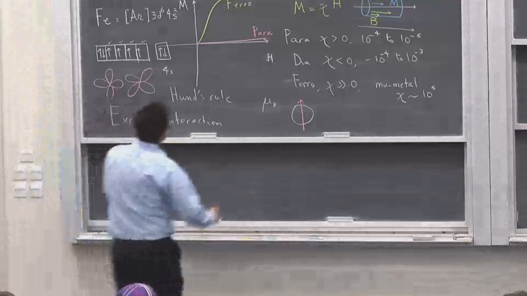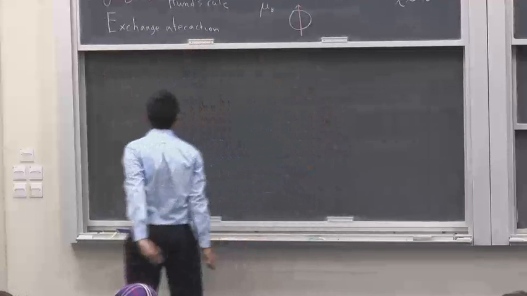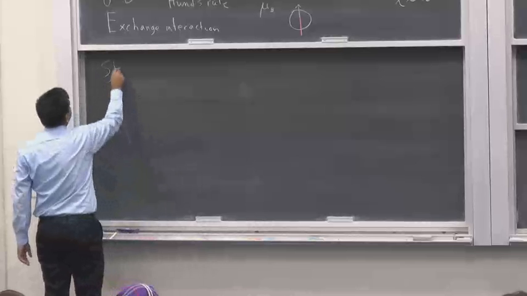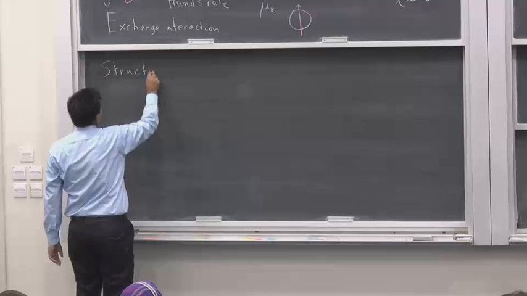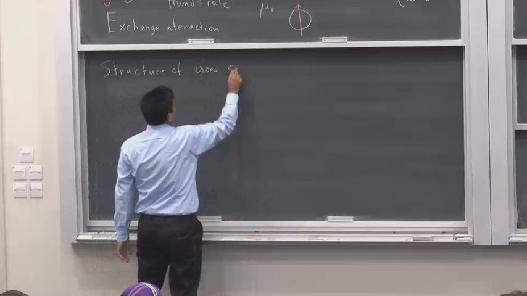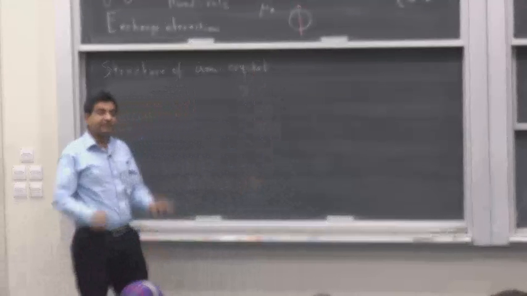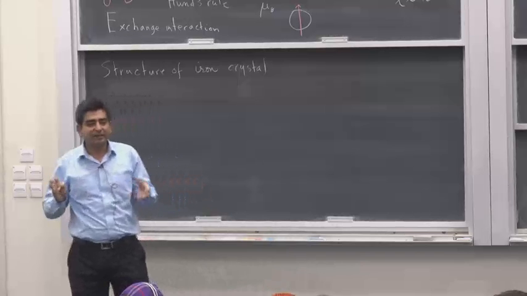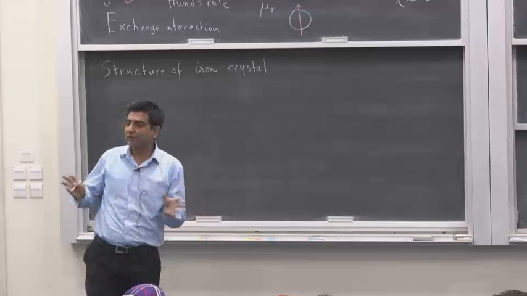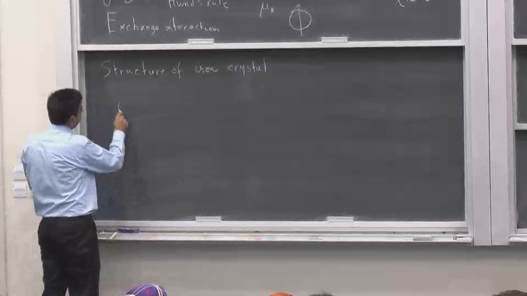Now if you look at the structure of iron, the big structure of an iron crystal, this was just an isolated atom. Since it's a crystal, all of these atoms are arranged in a periodic, regular fashion. So if I draw the structure of iron, I can draw a cube.